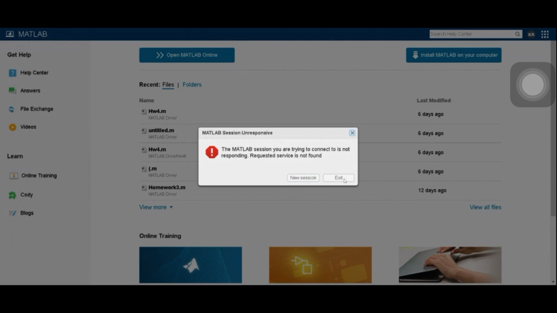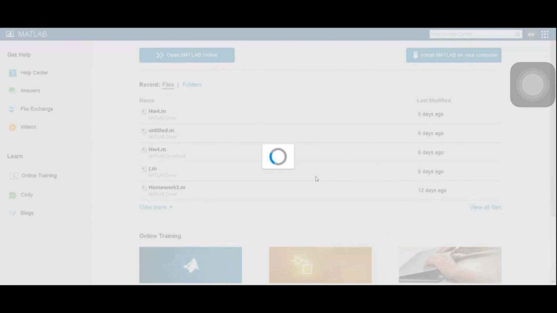Close it. In the meantime, can you go to the folder where the homework 4 is? The MATLAB folder, or whatever. I don't know where you have kept it, but somewhere. So show us the folder where it is.